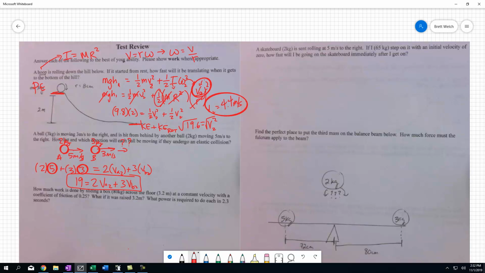I also have the second equation. It's important we understand this is an elastic collision problem, which says VA1 minus VB1 equals VB2 minus VA2. The order and the subtraction there is really important.